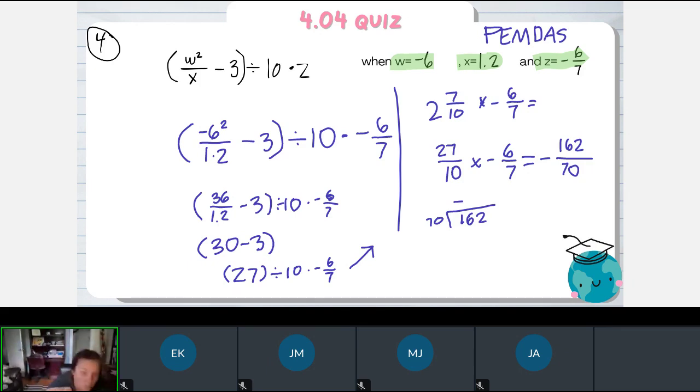70 can go into 162 2 times. That would give you 140. And when you subtract that, you're left with 22. So your mixed number would be -2 and 22 over 70. Can you simplify 22 over 70?